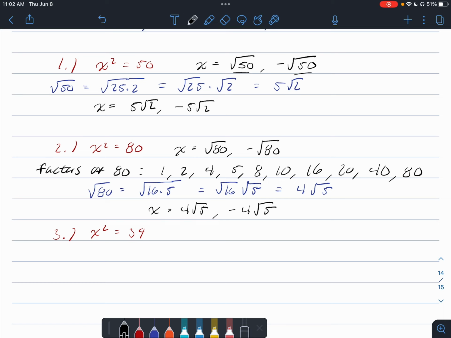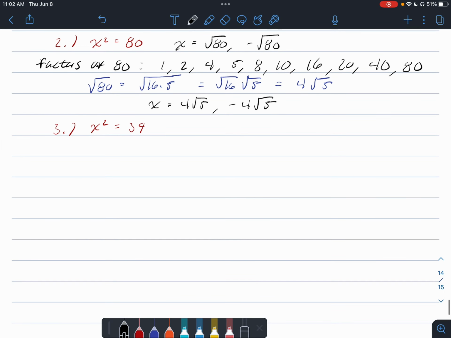If you take the square root of 80, you'll end up with 8.9 something, and it goes on for a long time. This is not just some simple number. You don't have to, but you can separate this into two numbers, where one of them simplifies to a nice clean square root. So the square root of 16 is 4, and that's why we did this. What you'll see in this next example is that it doesn't always do that.